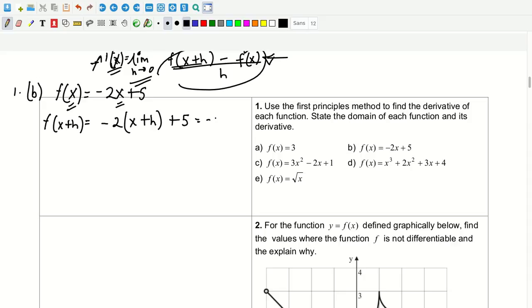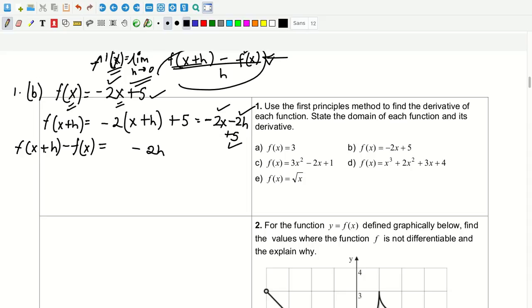I'm going to expand: negative 2x minus 2h plus 5. Now when I do f of x plus h minus f at x, right? This and this will for sure cancel. No point in writing it out. The 5 and 5 will cancel, and then all I will get is a negative 2h from here.